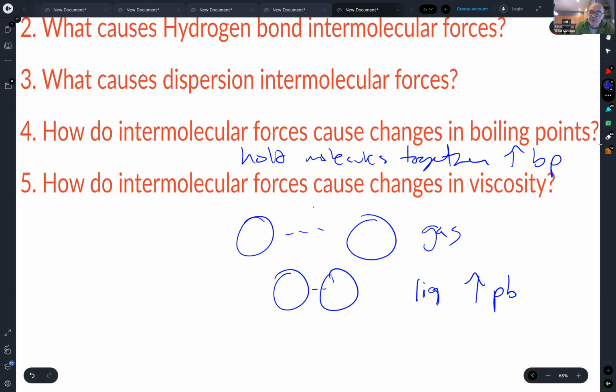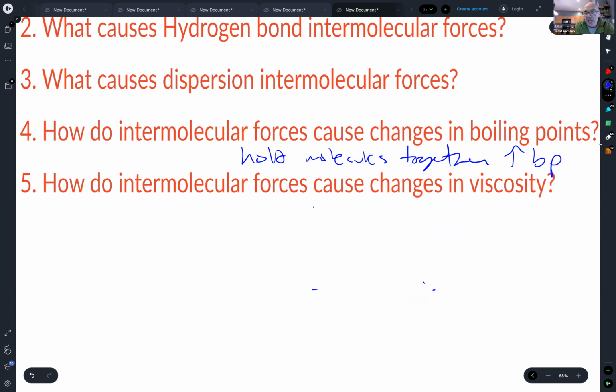All right. What causes intermolecular forces to change the viscosity of a liquid? Well, it's the exact same story. They hold molecules together, and that increases viscosity. Viscosity is a resistance to pouring. It's a resistance to deforming.